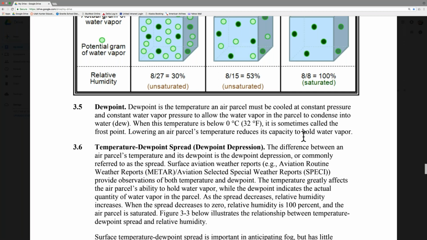Okay, when we're looking at that, we're looking to see how close the two temperatures are. When we see the temperatures converge, that typically means we're going to see things like fog or mist form.